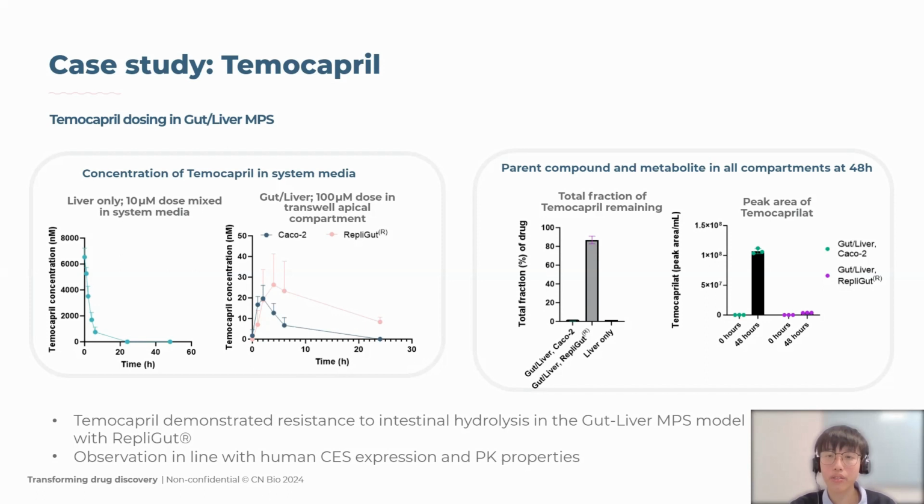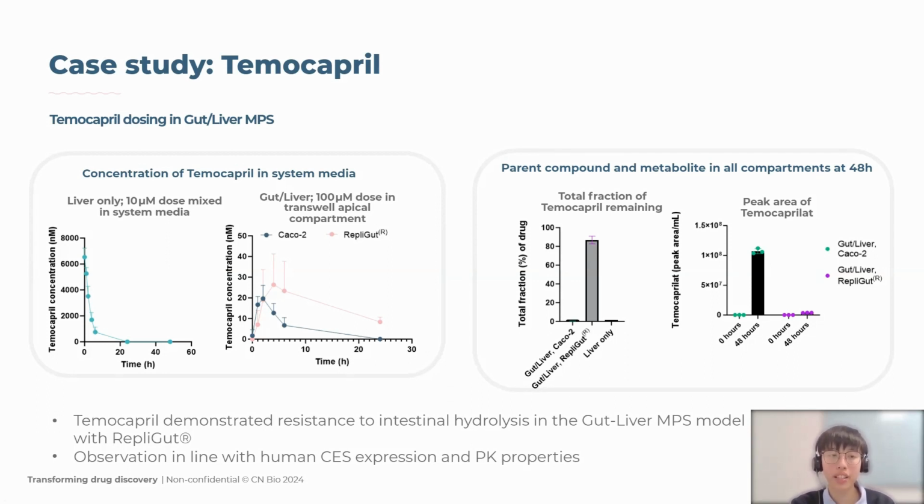We have also measured the relative amount of the metabolite temocaprilat in the model, and the amount present in the primary gut model was much lower than what was present in the Caco-2 model. So there was also a larger proportion of parent drug temocapril remaining in the primary gut than the Caco-2 model.